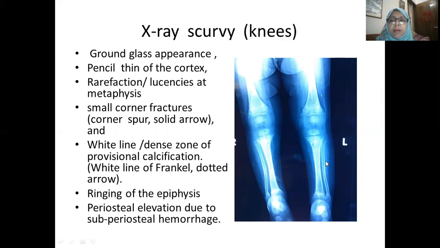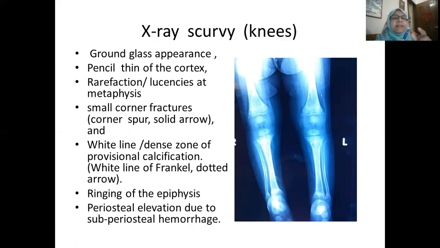What do you mean by pencil thin cortex? Suppose I don't have any pencil in my hand now, but suppose this is a pencil. Is it thin like that? No. The pencil has a lead with a point, and it is thin like the lead of your pencil. So it looks pencil thin.